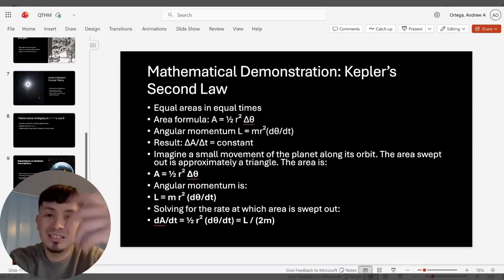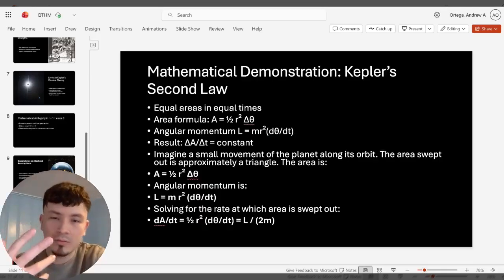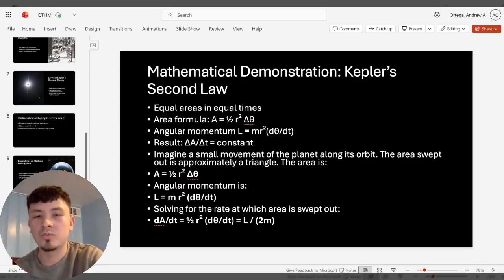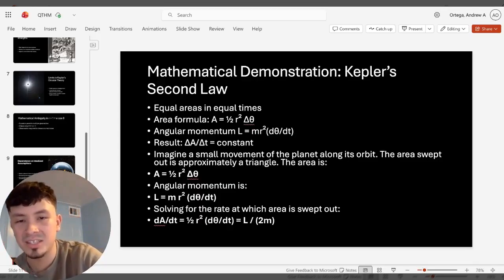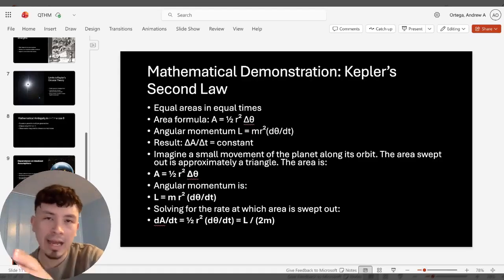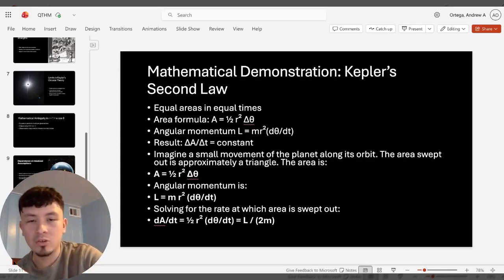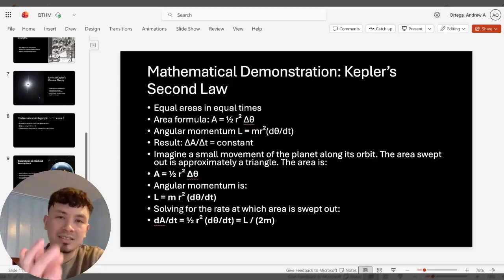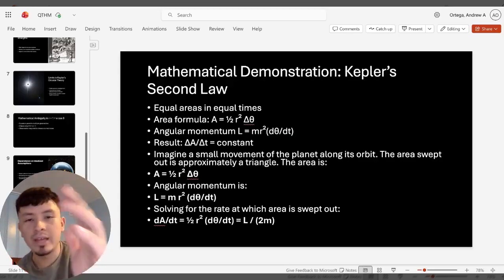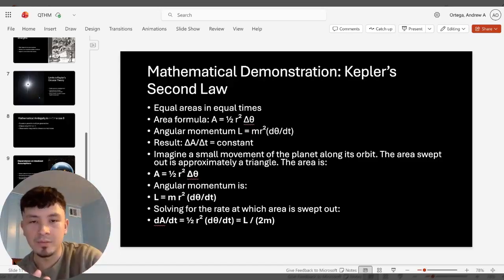d theta/dt. So, solving for the rate at which area is swept out, dA/dt equals 1/2 r squared d theta/dt, which equals L/2m.